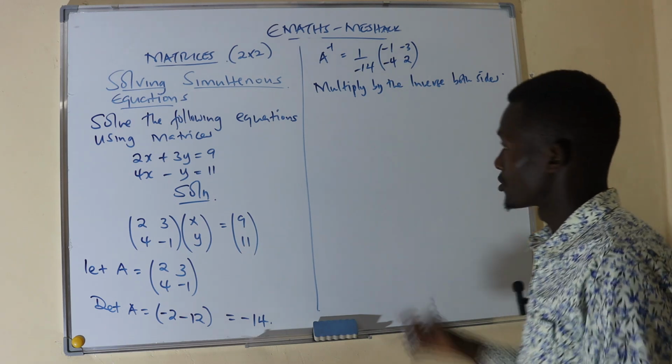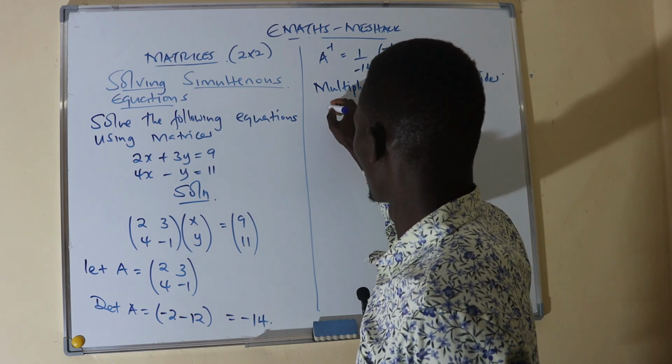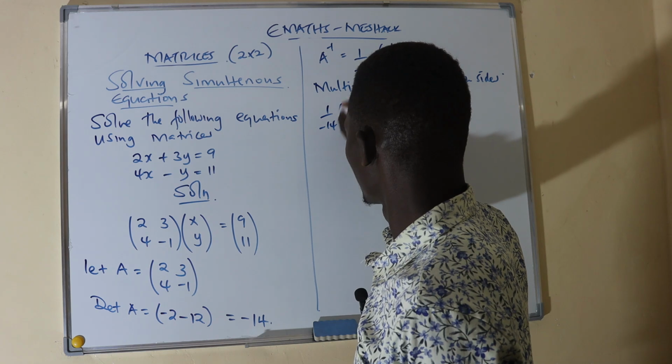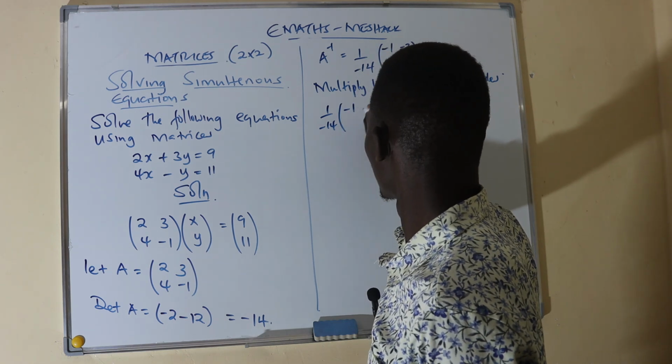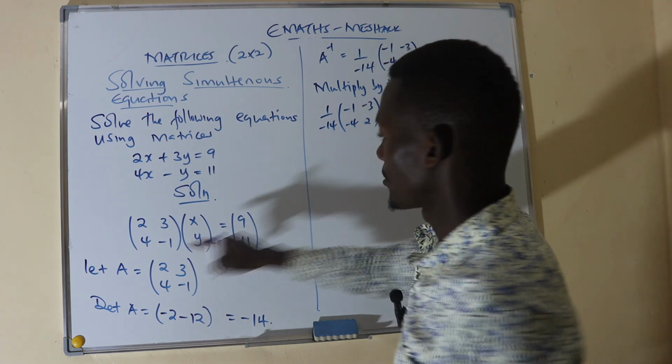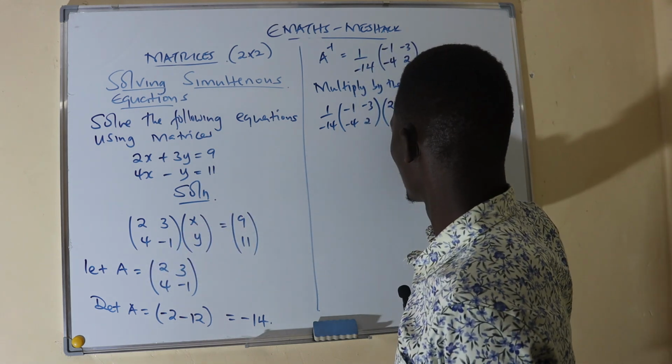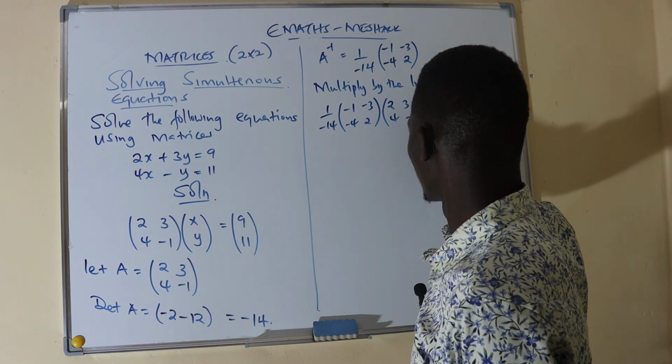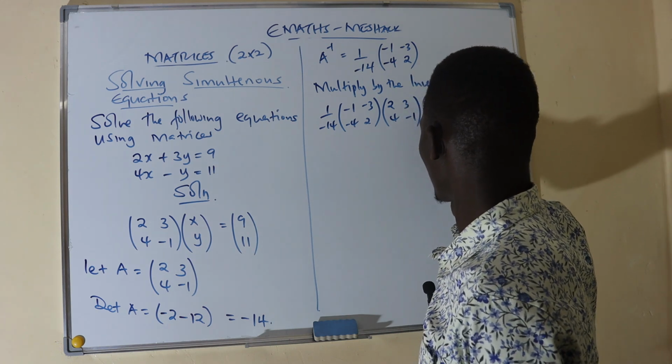We shall have 1 over -14, then -1, -3, -4, 2, multiplied by 2, 4, 3, -1, then your x and your y.